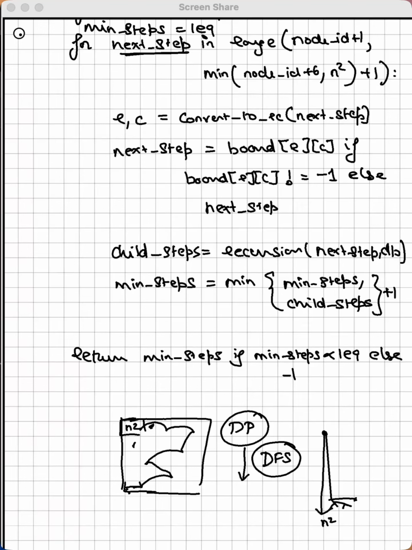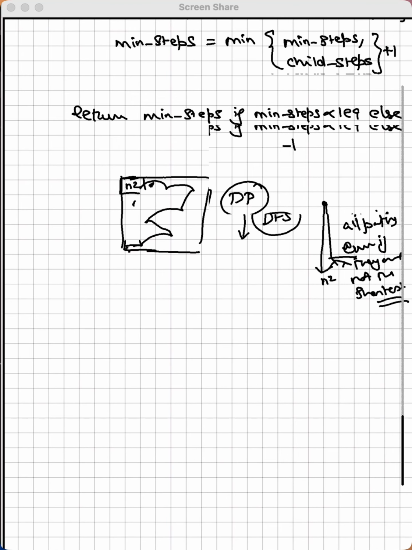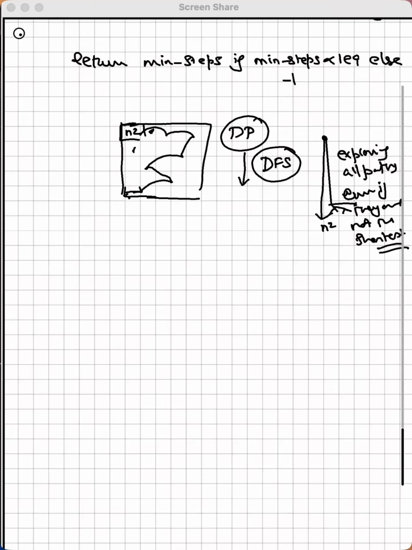Because of which we will be exploring all paths, even if they are not the shortest. So that's the problem here, that we will be exploring all the paths, which in some cases is useful, say, where you had edge weights and you don't know which edge weights can help you, so you probably want to try all combinations to see how that works out.